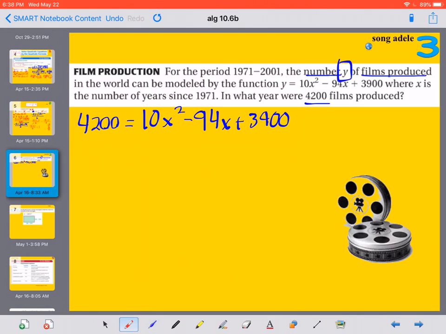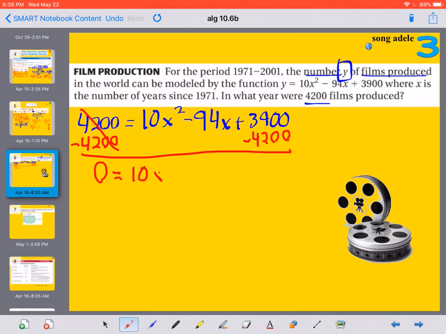What we need is a 0, so we need to have equal 0. So what I'm going to do is subtract 4,200 from 3,900. So that equals 0. And then we get 10x squared minus 94x minus 300.